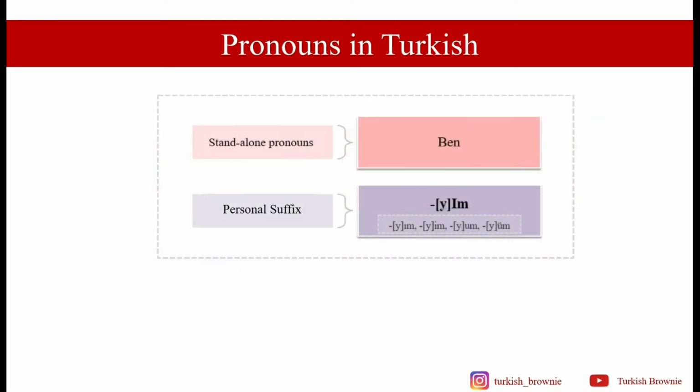So for example, ben bir öğrenciyim, meaning I am a student in English. Now in this sentence, the word ben means I, bir means the number one, and also a or an, like an apple, a book, when you're talking about one singular object.